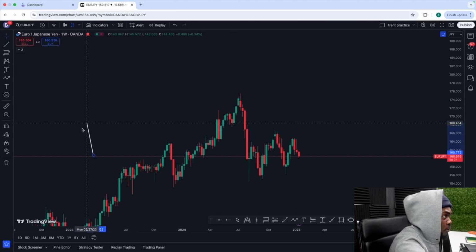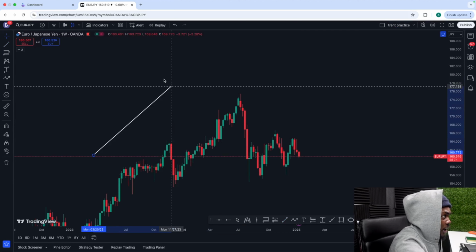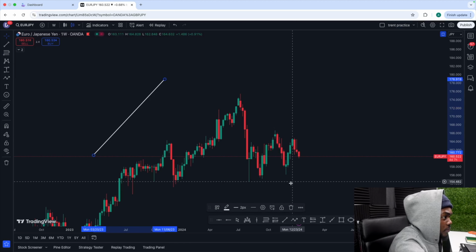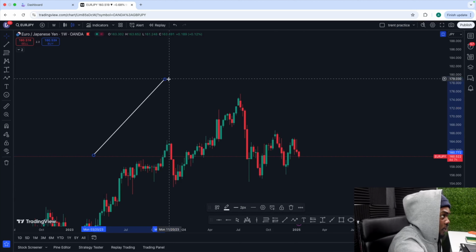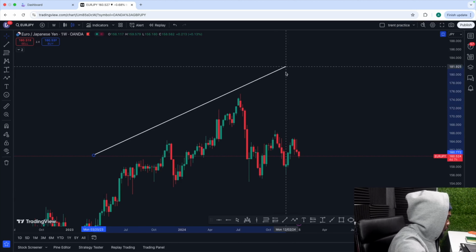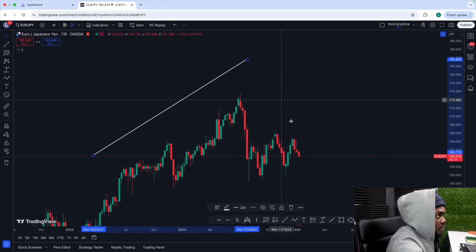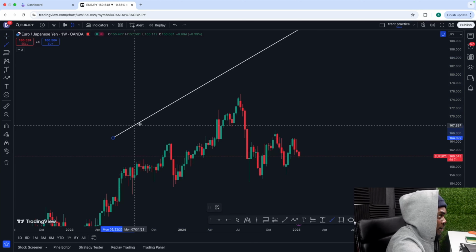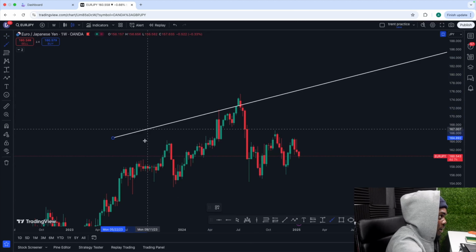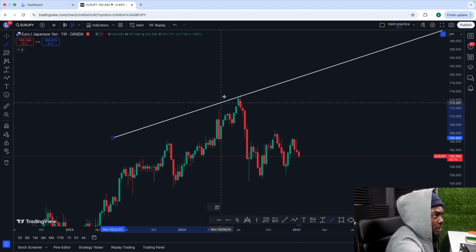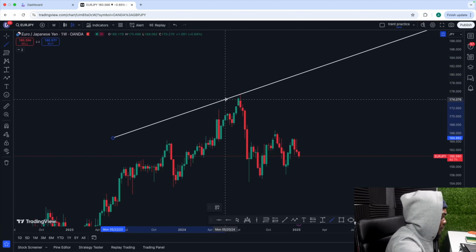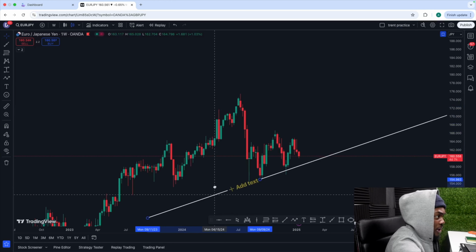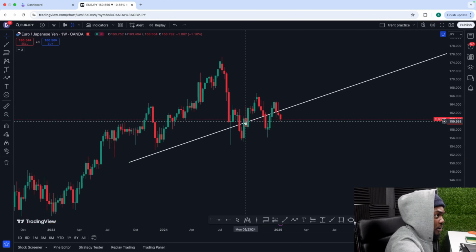Now you can either use the actual trend line here on TradingView, or you can use the ray, which I normally use because with the ray, you can't play with it. You can't bend it, curve it, or nothing like that. It's basically just a straight line.